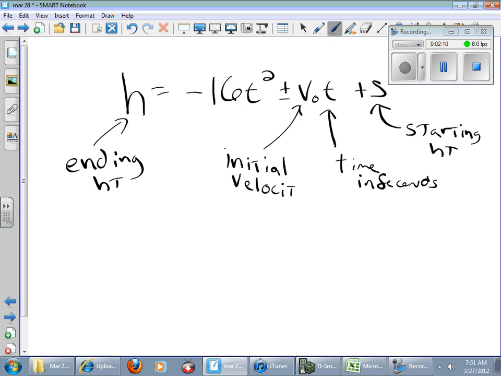I don't know if you realize this, but when an object is thrown, it's going at its fastest the instant it leaves your hand, because after that, things start to affect it. Gravity starts to pull it downward. It's traveling through air, etc. So it's the initial velocity that matters. And we're talking more about throwing up. So instantly, this ball, or whatever is being thrown up, maybe it's a baseball, since we're getting close to baseball season, is going fastest right here.